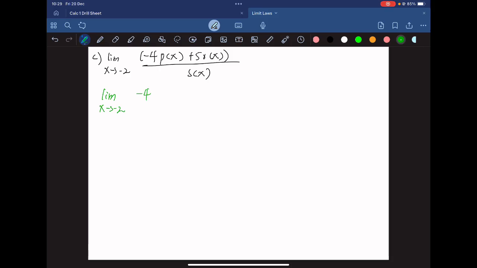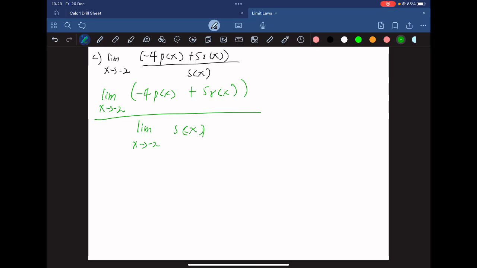So this is p of x plus 5 r of x, then the limit as x approaches negative 2 of s of x.